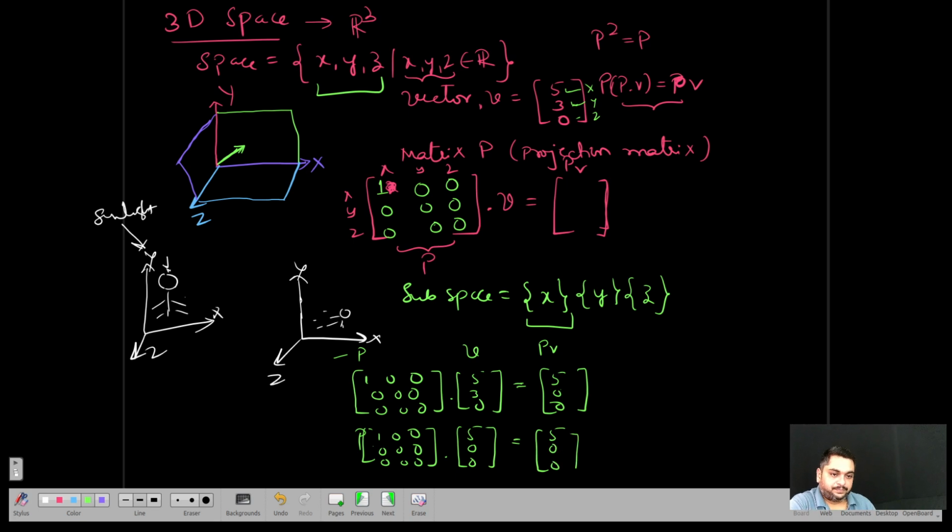So this is why we say it is idempotent: P square is equal to P. It does not change. For example, once I put a shadow, and that time if I put a shadow again, it is on the same shadow only, so there is no change. That is how you study the systems using the projection matrix.